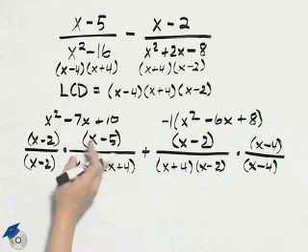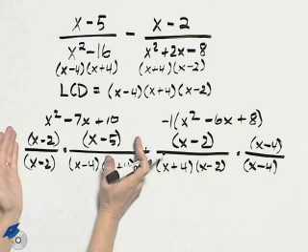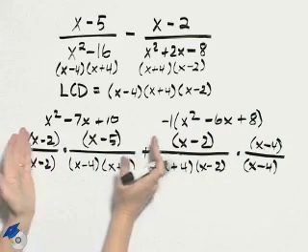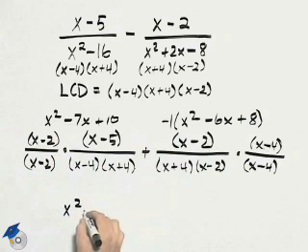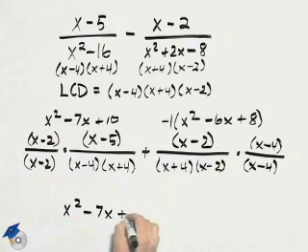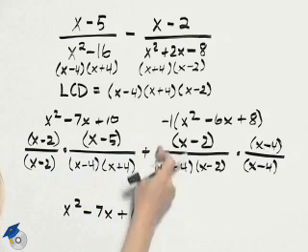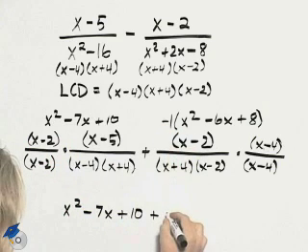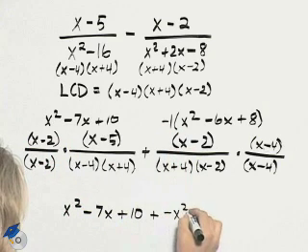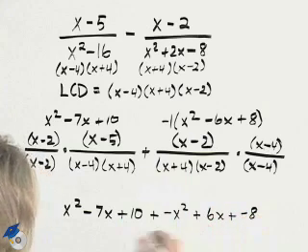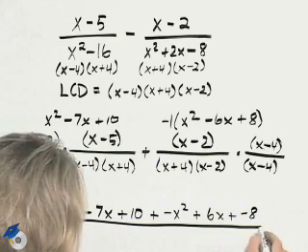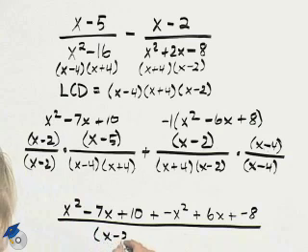Now, I know that when I add fractions, I will add the numerators. And so my next step will be x squared minus 7x plus 10 plus negative 1 times x squared, which is negative x squared, plus 6x plus negative 8. I can put that all over the denominator.